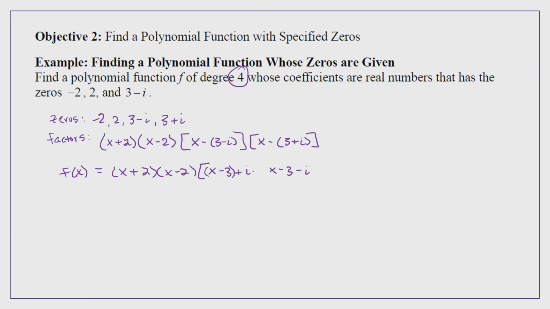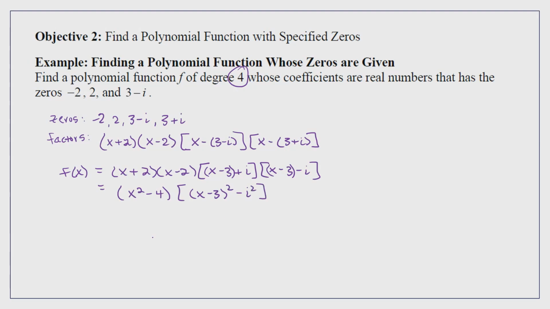We'll group together these 2 terms. Okay. So now I can multiply. So we'll have x squared minus 4 times (x minus 3) squared minus i squared.